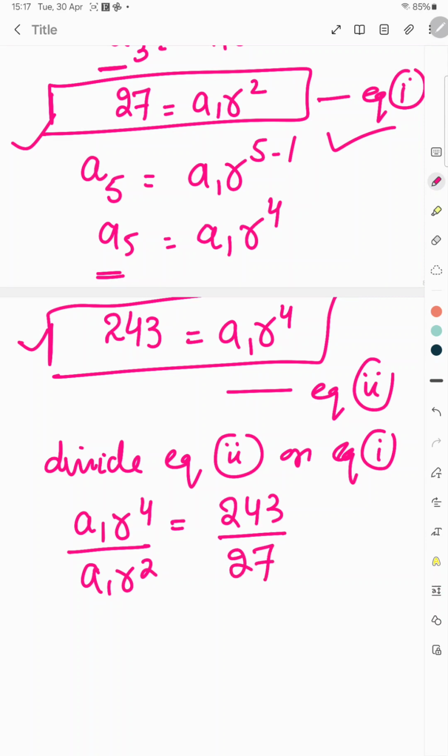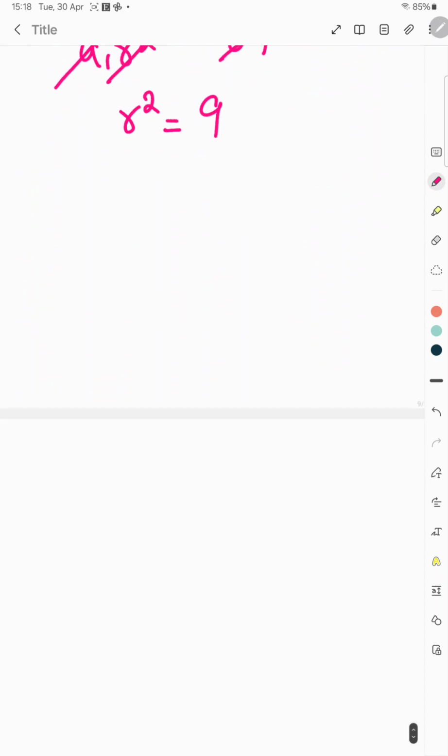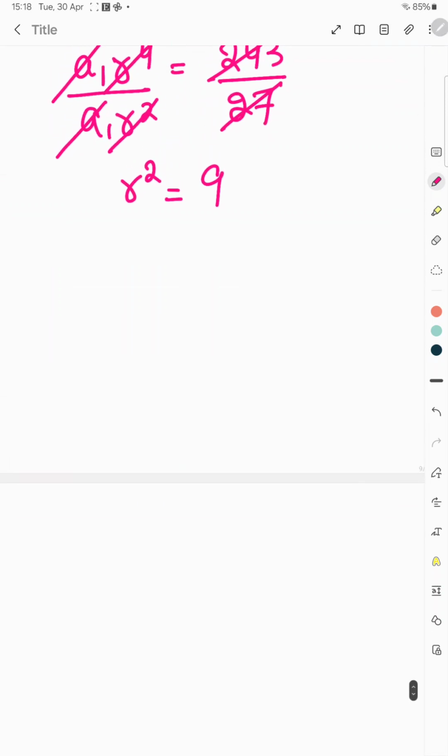Okay student. So when I solve, the a1 terms cancel each other, and the powers of r reduce, but what remains is r square. And on the other side, when they cancel out, I will get 9. So student, here r square is equal to 9.